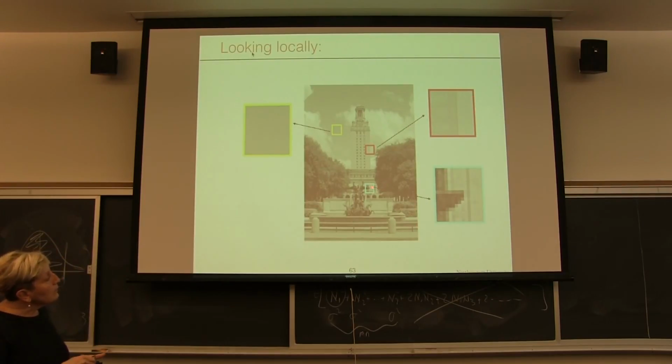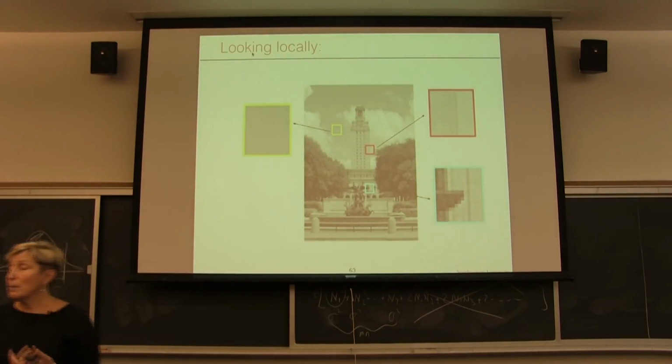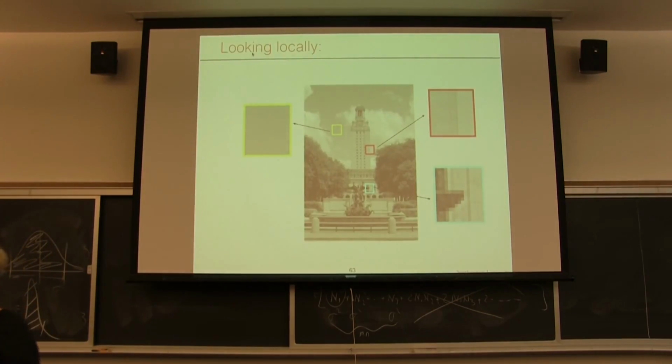Okay? And if I look over here at this piece of the fountain, well, I see this more complicated thing, but again, what you see is that edges can be observed by looking at abrupt changes of grayscale color. Okay? So that would be the motivation of how to design a detector to find these edges.